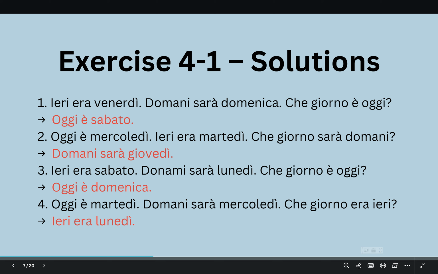3. Ieri era sabato. Domani sarà lunedì. Che giorno è oggi? Oggi è domenica. 4.